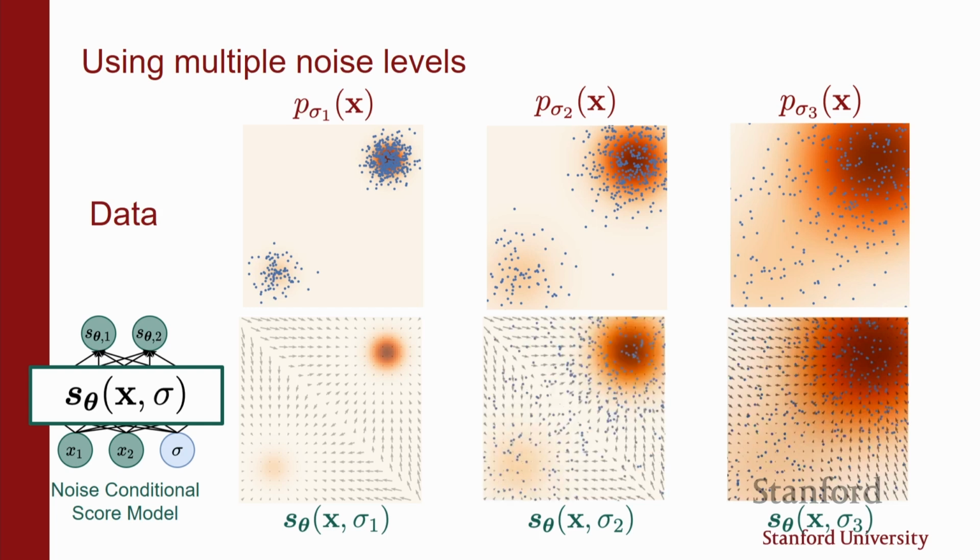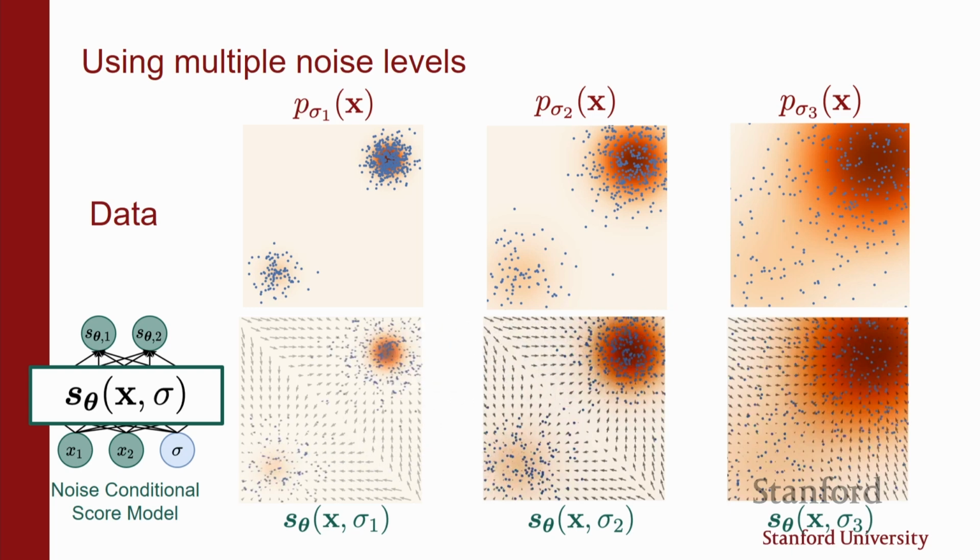We follow these arrows again, and you see the particles moving towards the high probability regions of the original data density, so they're becoming more and more structured in some sense. Then we use these particles to initialize another Langevin chain corresponding to an even smaller amount of noise.